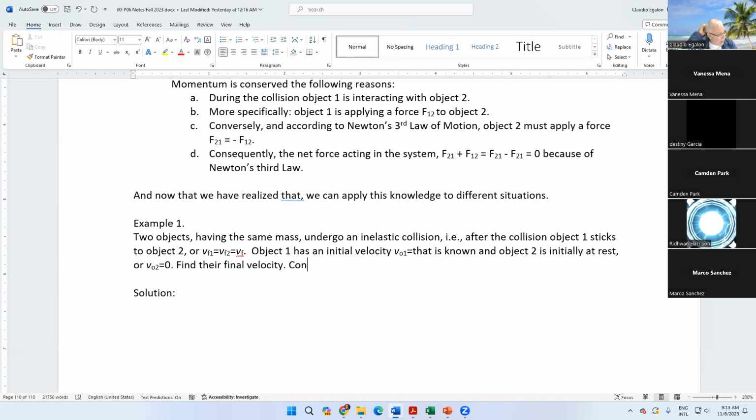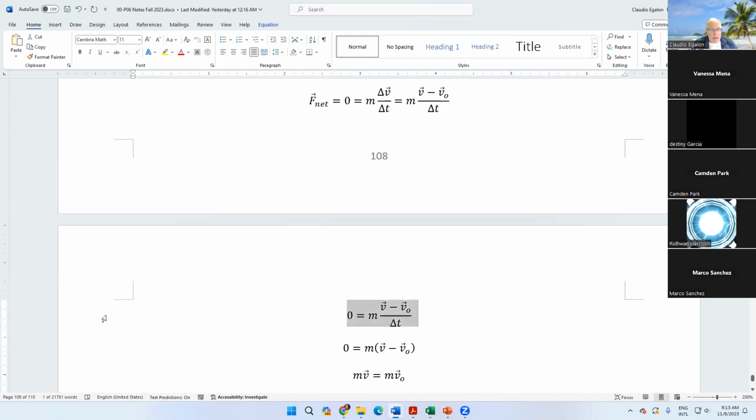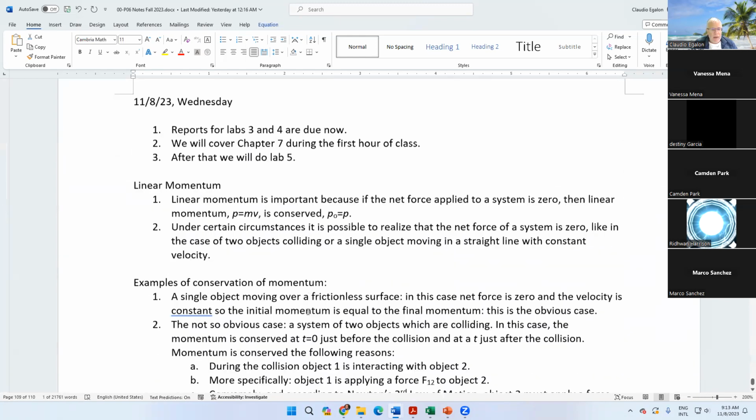It's not necessary to make this assumption, but let's consider the surface to be frictionless. We're making it just to simplify the problem.